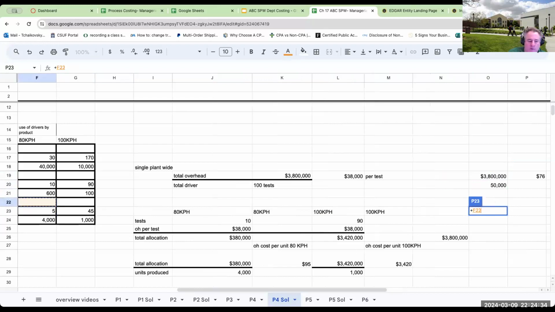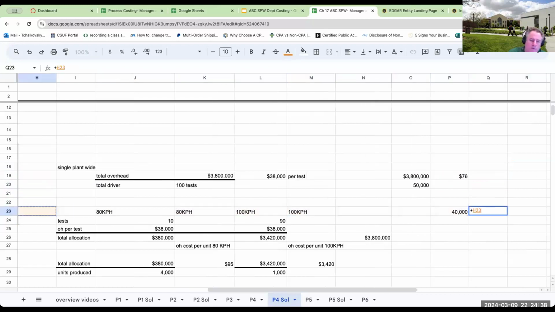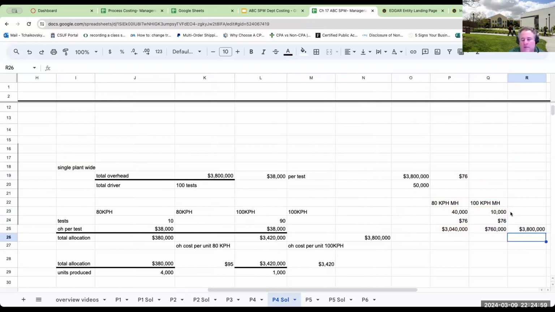And if we had over here 40,000 machine hours for the 80 kph, and then for the 100, if I look at it this way, right?